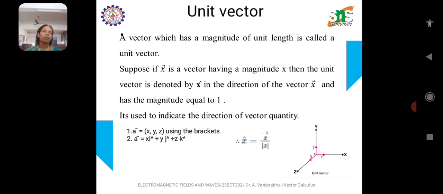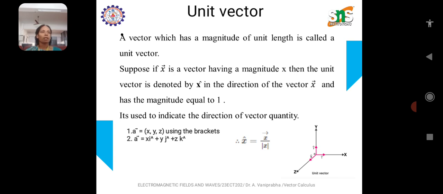Suppose x is a vector having a magnitude, then the unit vector is denoted by x cap, which is in the direction of the vector x, and its magnitude is equal to 1. Specifically, unit vectors are used to indicate the direction of the vector quantity, right? As given here, x cap is equal to vector x divided by magnitude x.